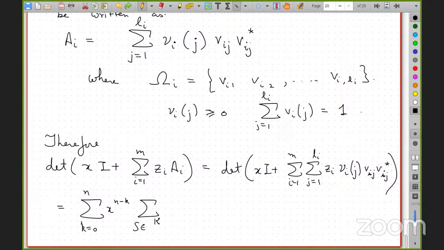Let me call it W, W choose k of. Each element of S is a pair, right? And the variables that come. So how do I say?